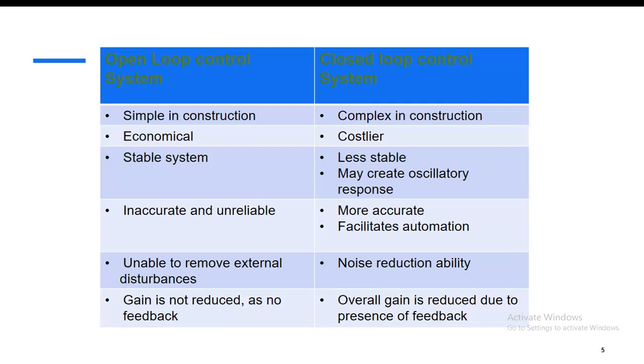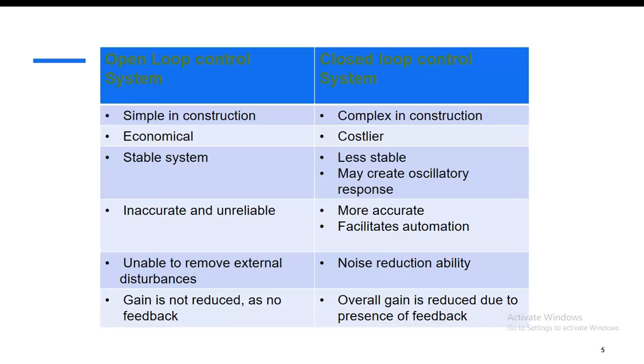The open loop system is inaccurate and unreliable, whereas the closed loop system is more accurate and helpful for automation. Because of the feedback, the gain of the system is reduced in case of the closed loop system, but the gain reduction is not a problem in an open loop system.